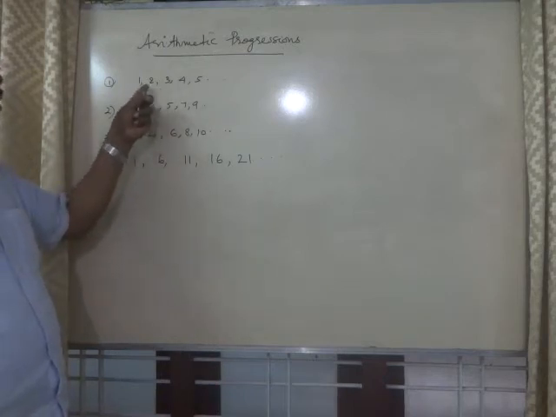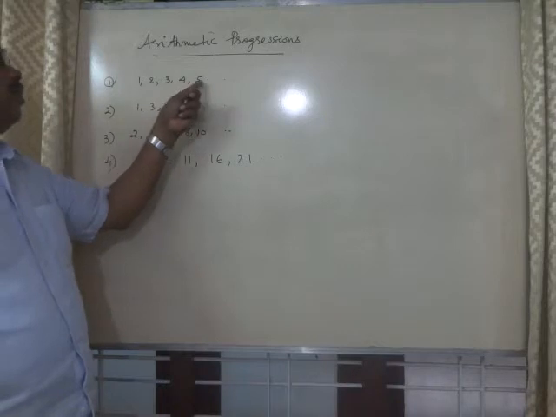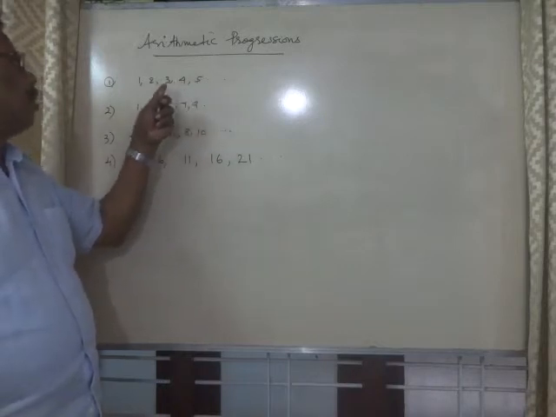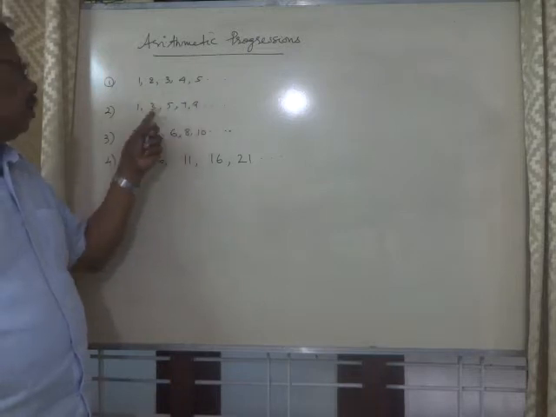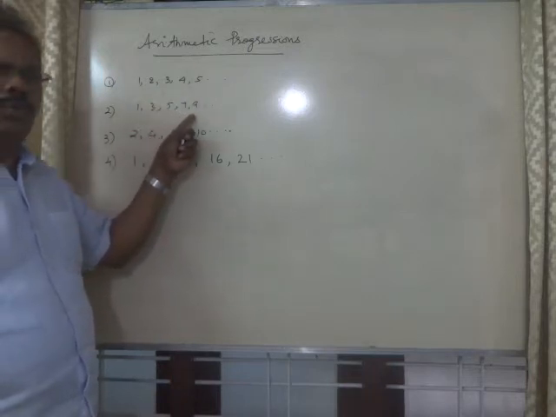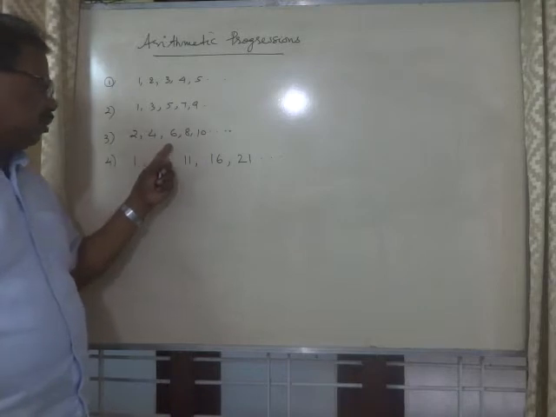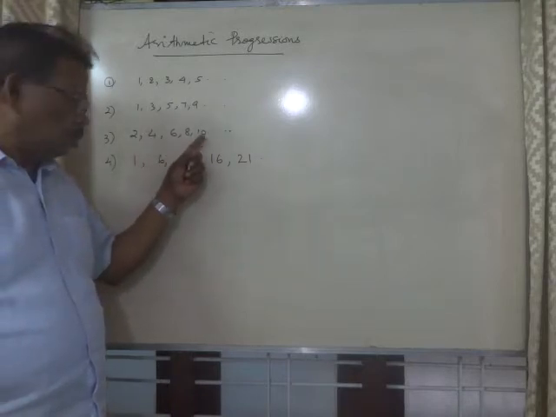See, in the first sequence, the difference between the consecutive terms is 1. Here the difference between the consecutive terms is 2. Here also the difference between the consecutive terms is 2.